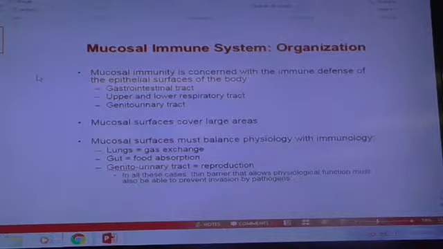And in the case of the reproductive tract, the sperm in the female tract could be antigenic, but normally the female doesn't produce an immune response against the sperm.